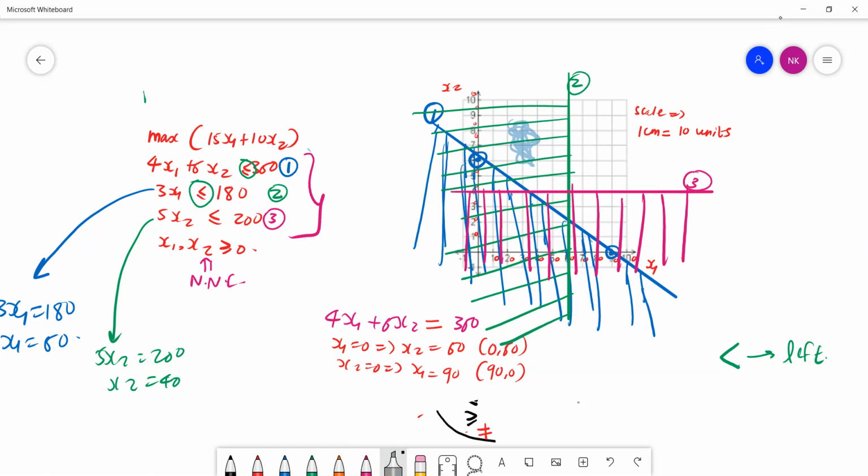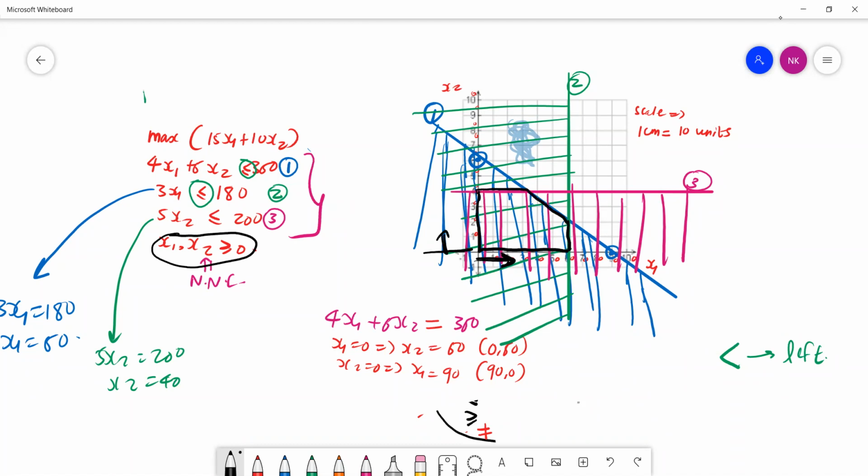The triangle forming between 2, 1 and 3, 120. If I draw the line, it will be something like this. We have also been given x1, x2 greater or equal to 0, so all the values above this line and all the values on the right side of this line also need to be considered. So I will draw the shape in black.